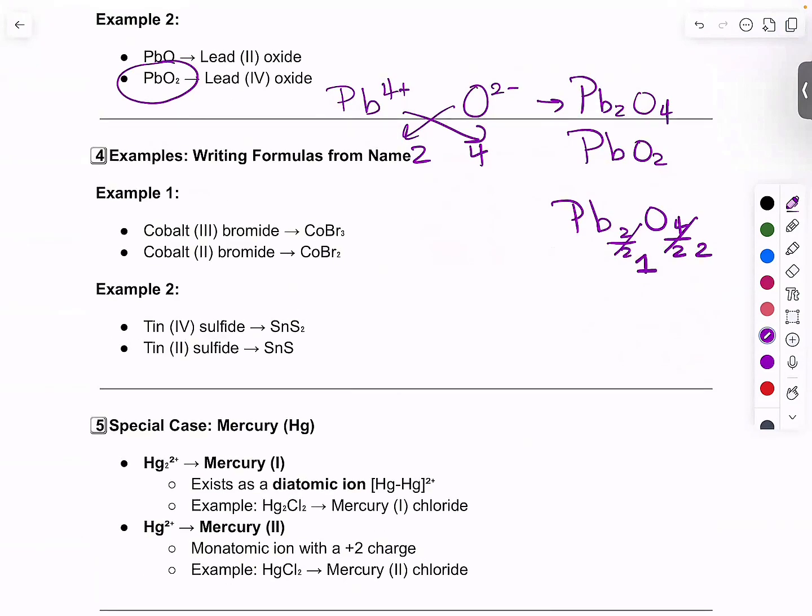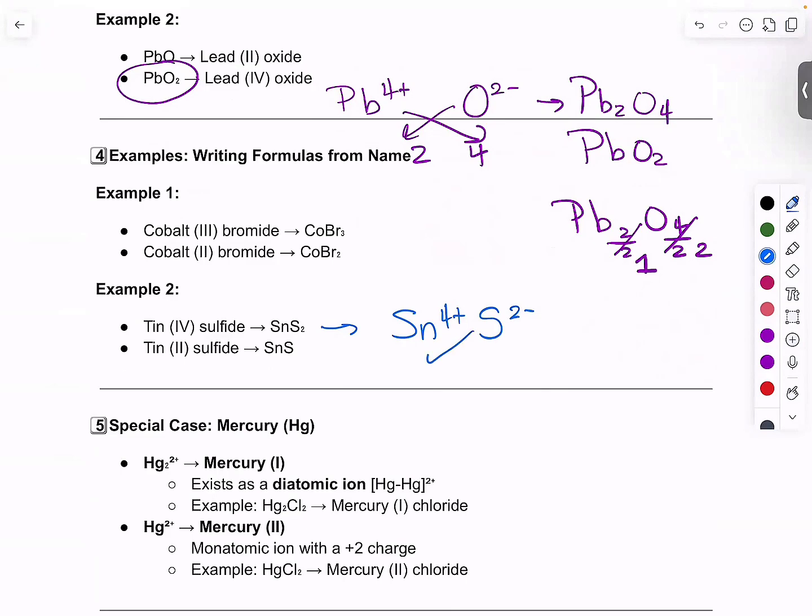Now tin can be, we're looking at example 2 under number 4. Tin can have a charge of 4 and 2 as well. So notice that, I'm going to change up the color here. Just look at this. Sn.